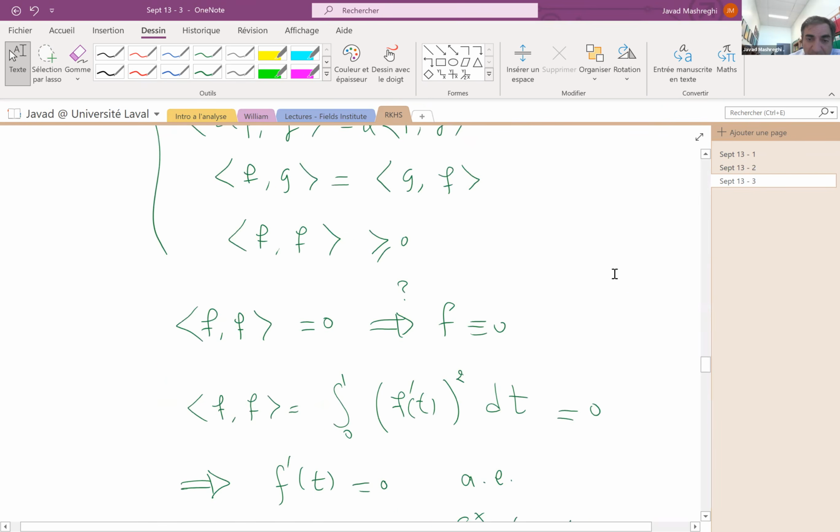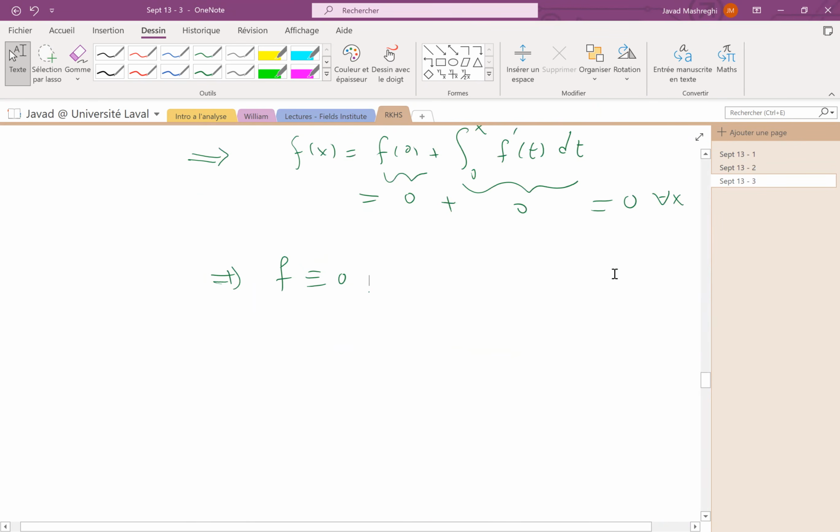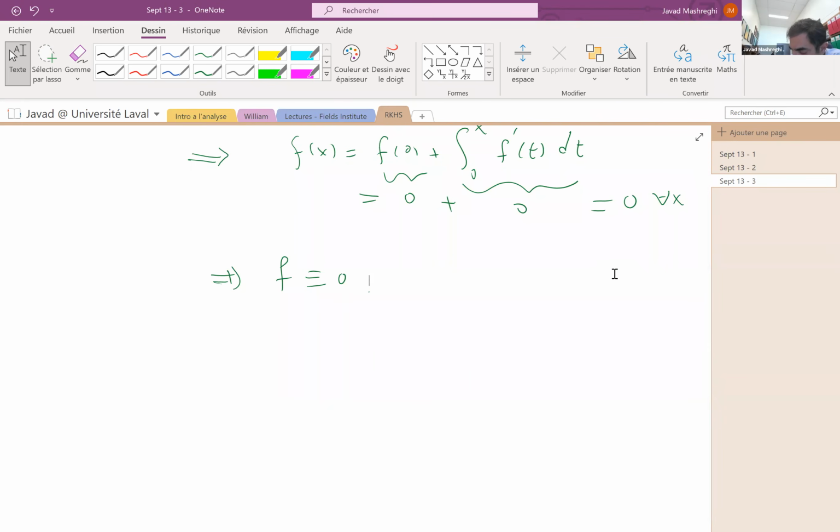Okay, may I ask another question about this discussion? Can we say that if f prime is 0 almost everywhere, then f is constant almost everywhere? Be careful about what you mean by f constant.